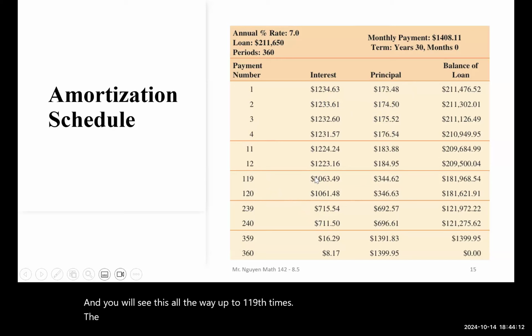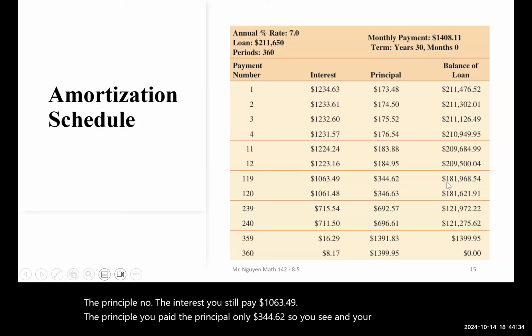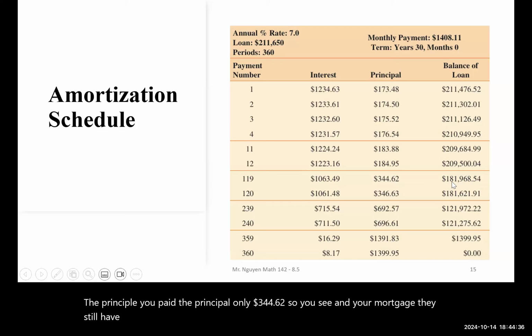The interest you still pay $1,063.49, but the principal you pay only $344.62. So you see, your mortgage still has $81,968.54.